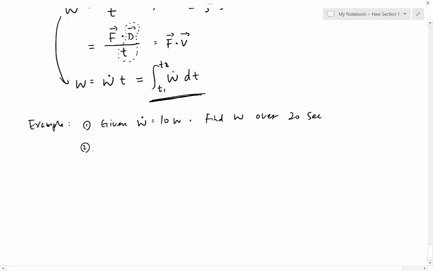Case number 2, given power W dot is equal to 6t watts. So be careful here. This time the power W dot is no longer a constant, but 6 times t, which is a function of time, is no longer a constant. And then find work again, still over 20 seconds.